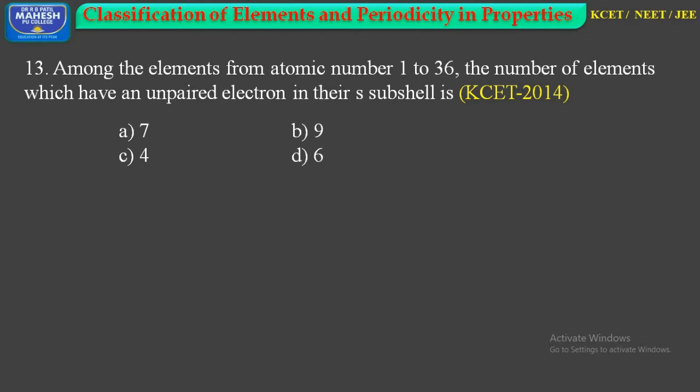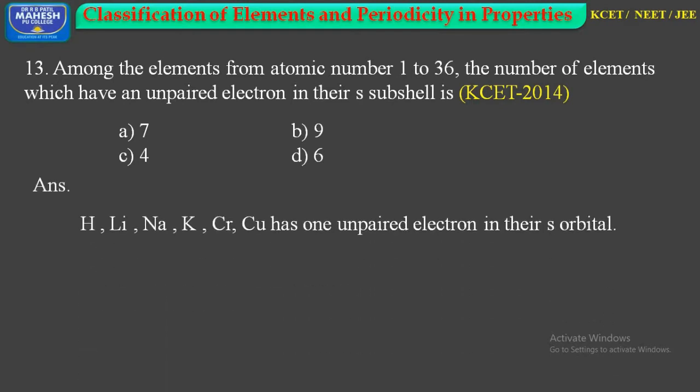Students, from atomic number 1 to 36, we have in total 6 elements, and the elements are hydrogen, lithium, sodium, potassium, chromium and copper. So all these 6 elements have one unpaired electron in their s orbital.